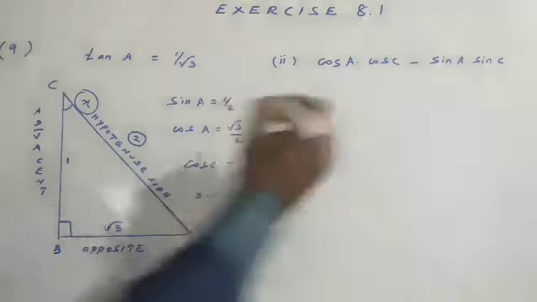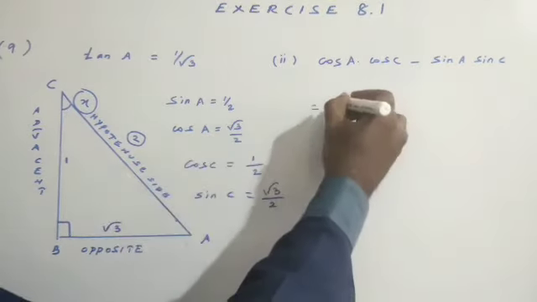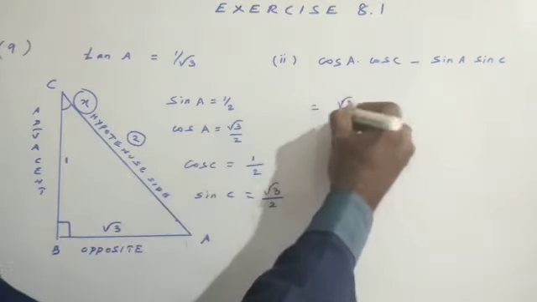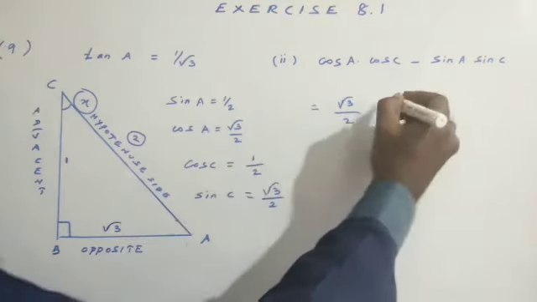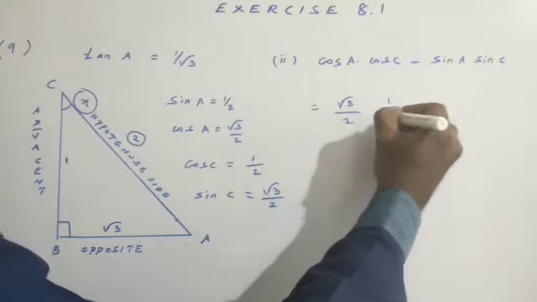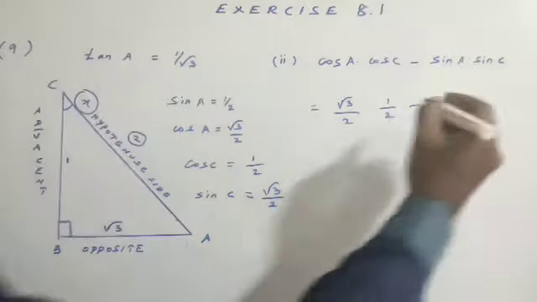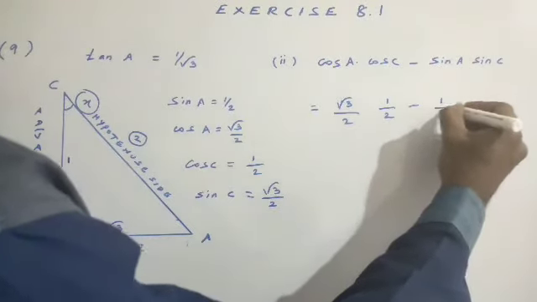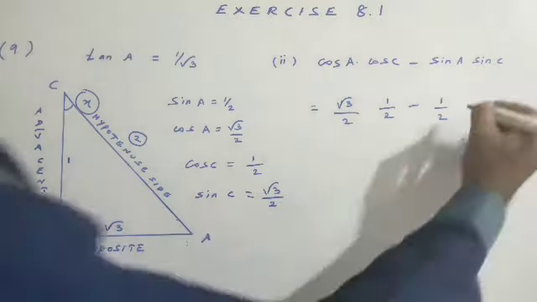The second one: for cos A we can substitute root 3 by 2, and for cos C we know it is 1 by 2, minus sin A. For sin A you can put 1 by 2, sin C it is root 3 by 2.